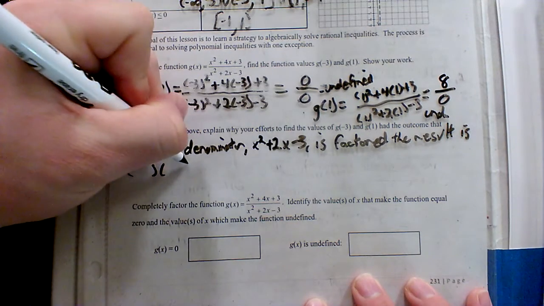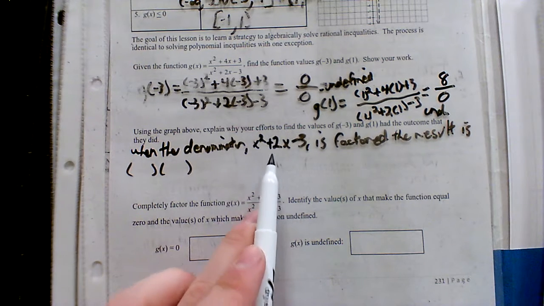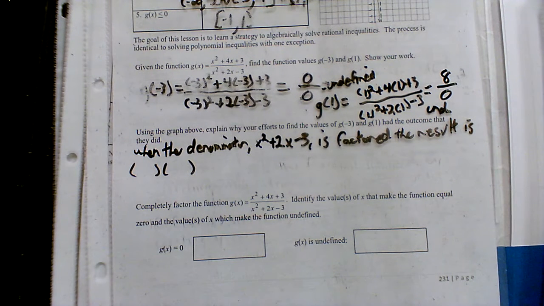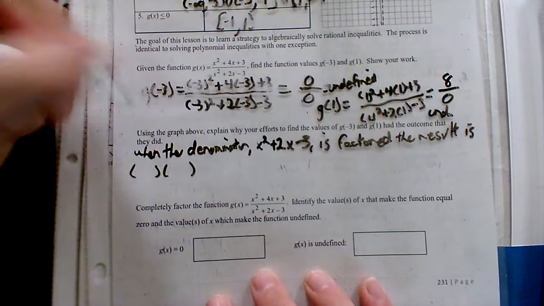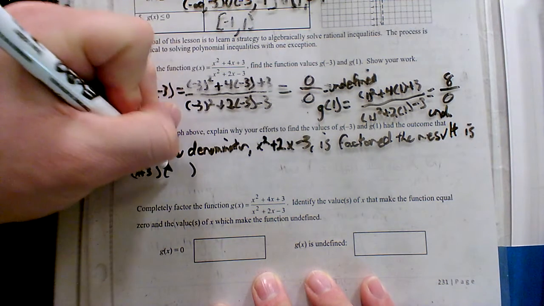What is the result if I factor that? If I factor this right here, the x squared plus 2x minus 3. If I factor that, I get what? Yeah, x plus 3 and x minus 1.